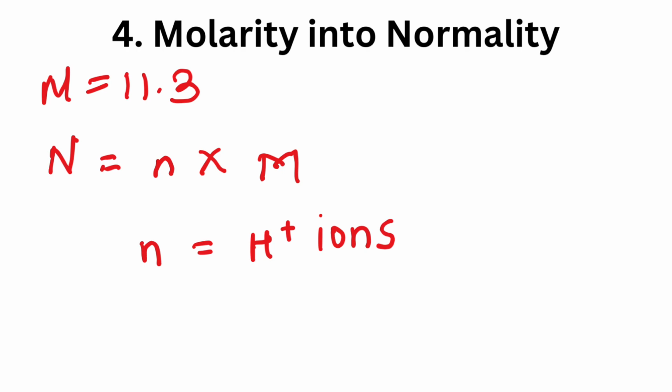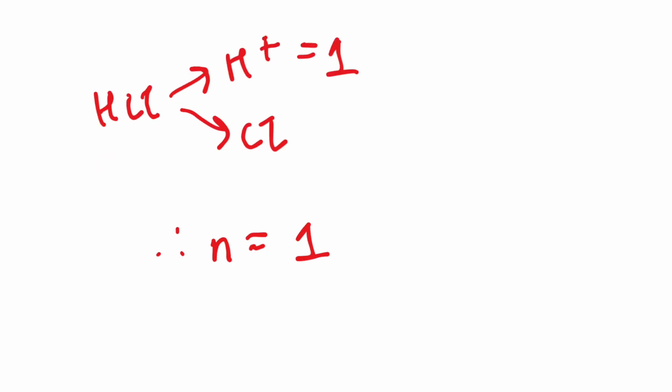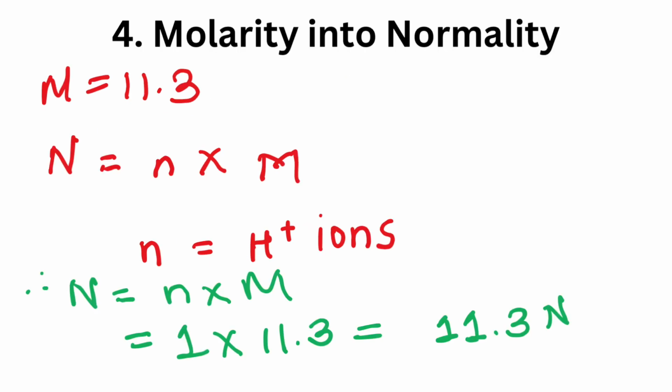So we're working with HCl. When you look at HCl and you break it down, the H plus ion is 1 and there's Cl. So N is equal to 1. Now simply put that into the formula. N is equal to 1 into 11.3. So the normality of the solution of the bottle you're having would be 11.3 normal.